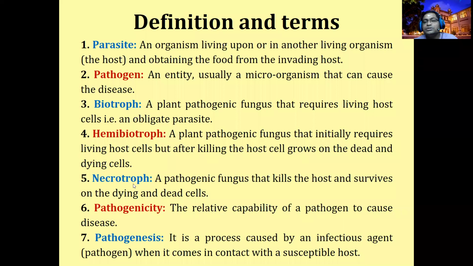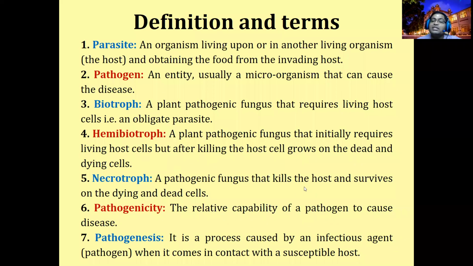Necrotroph, right? So necrotroph is something different. These pathogens, while entering, kill the host. First kill, then draw nutrition. From the time of infection initiation, the toxins produced by these organisms first kill the host, then they draw nutrition.